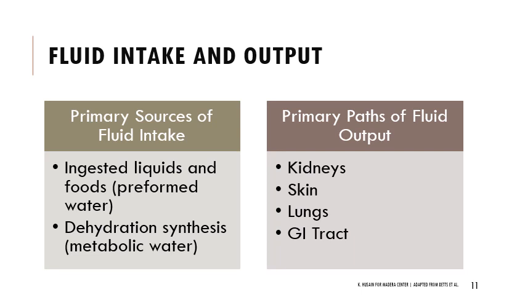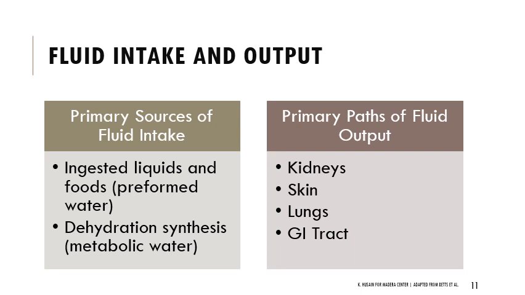So we get fluid through a couple primary sources, either through pre-formed water, which means the water has already been formed. We ingest liquids, and we have food that has water in it, or we produce water in our body through dehydration synthesis. So remember, that's very important for anabolic reactions through the formation of larger molecules.